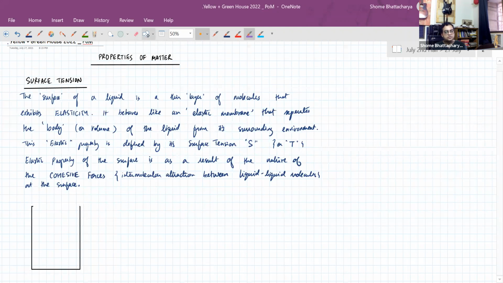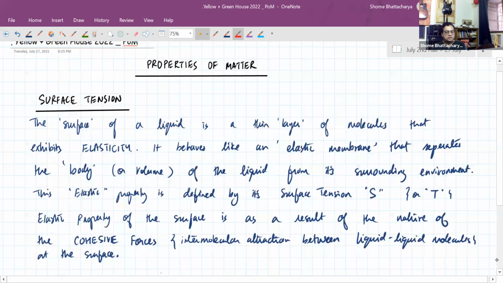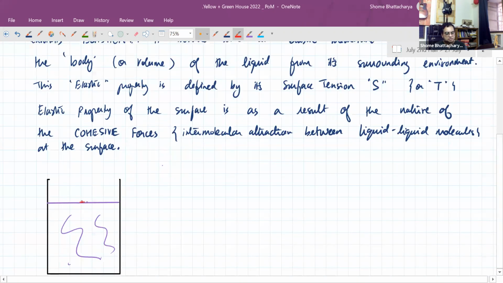From this diagram below, we visualize a molecule sitting at the surface over here. The cohesive forces that this particular molecule will experience will be like this.